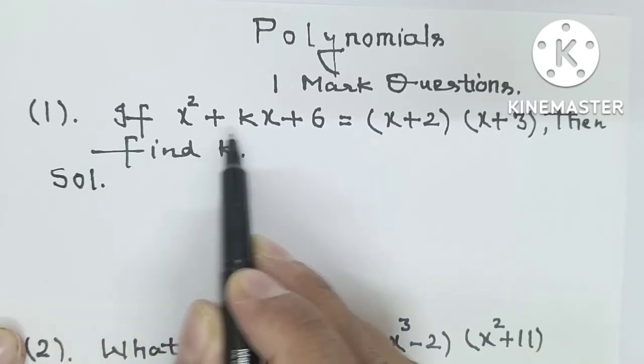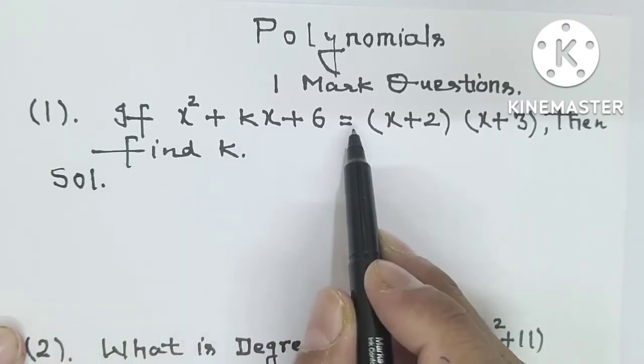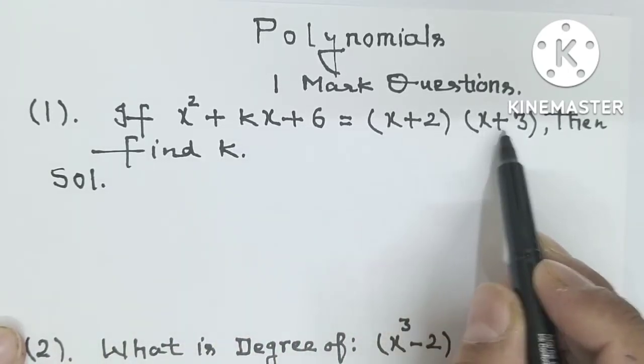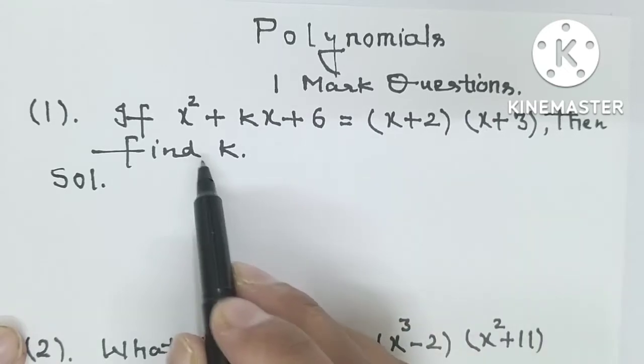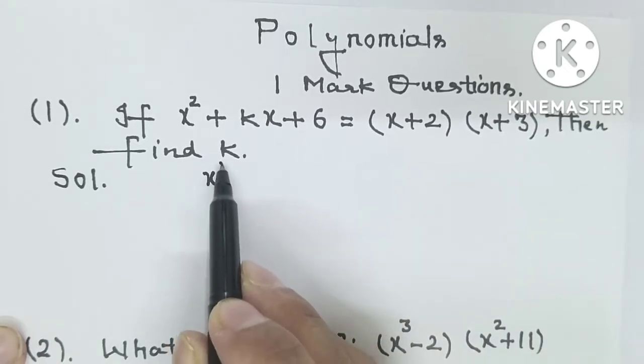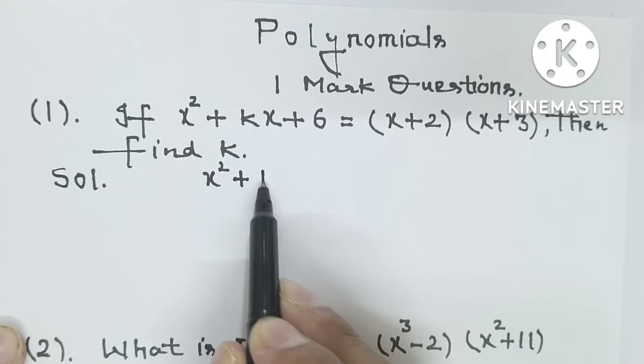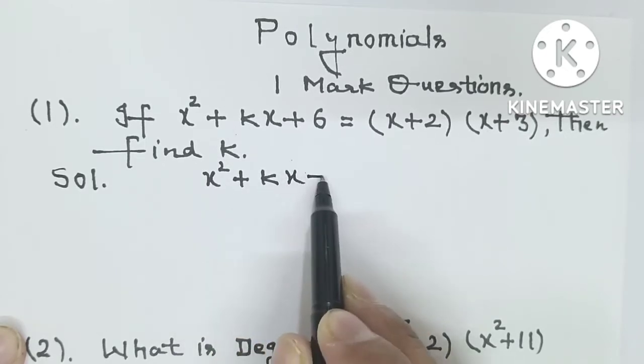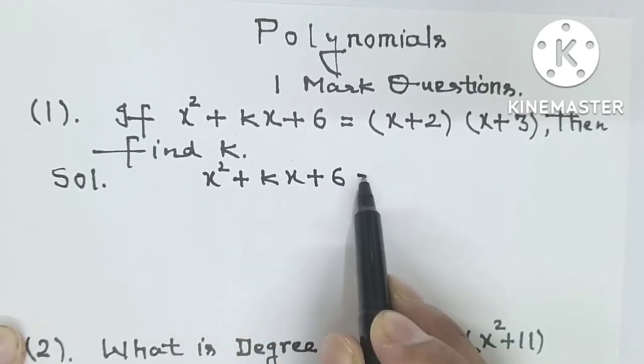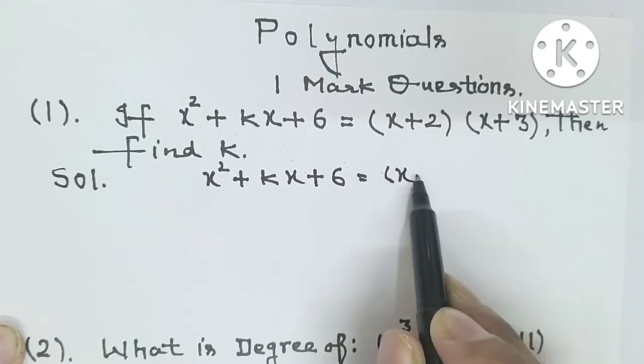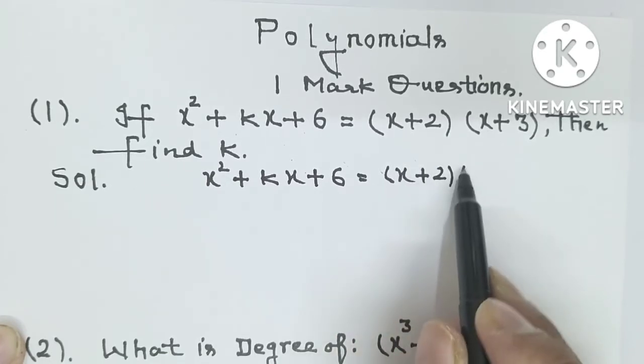If x square plus kx plus 6 is equal to (x plus 2) into (x plus 3), then find k. So here I am writing x square plus kx plus 6 is equal to (x plus 2) into (x plus 3).